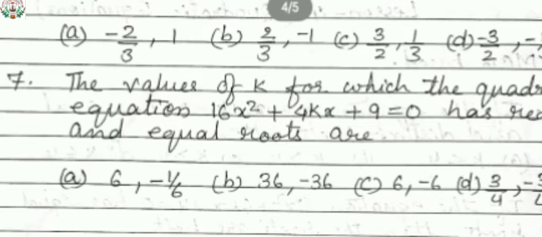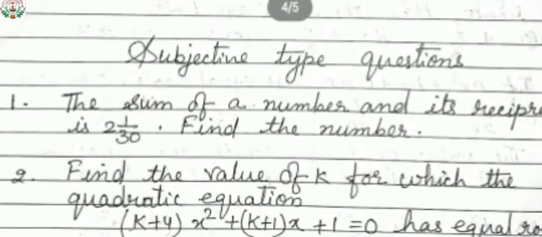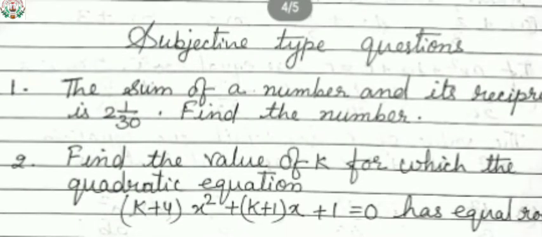Now after the MCQs we will have subjective type questions. The first subjective question is: if the sum of a number and its reciprocal is 2 1 upon 30, find the number. Let the number be x, then its reciprocal will be 1 upon x.